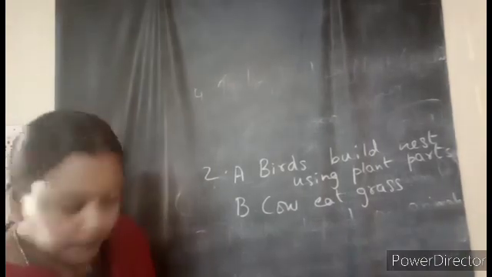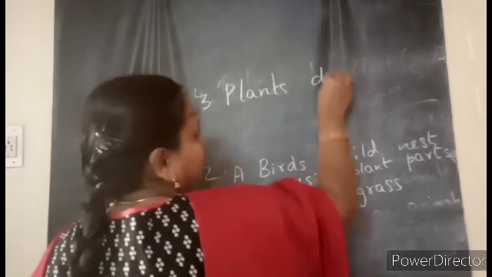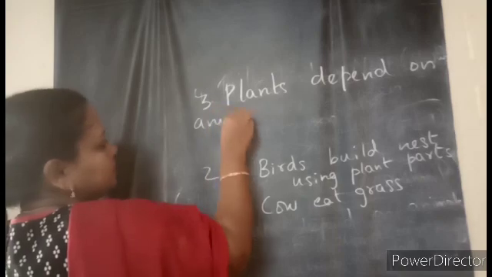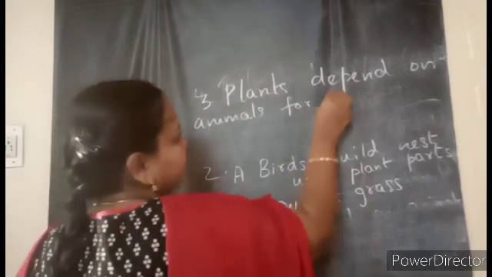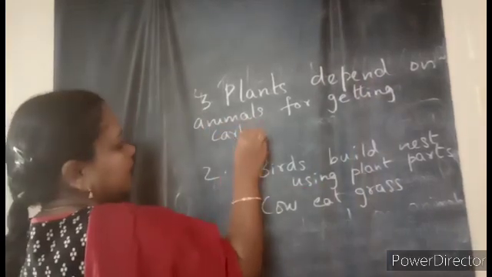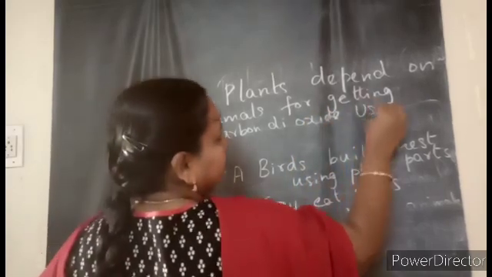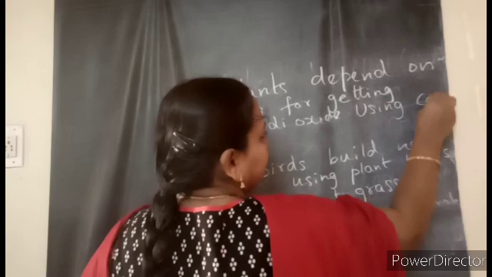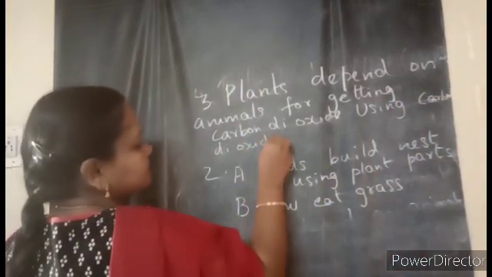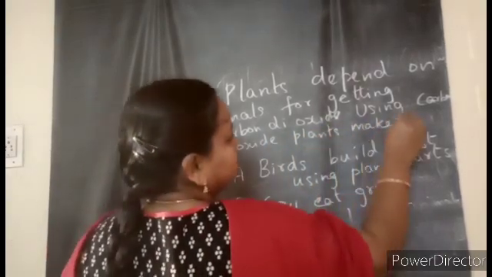See, why plants depend on animals for getting carbon dioxide. So why carbon dioxide? Using carbon dioxide, plants make their food.